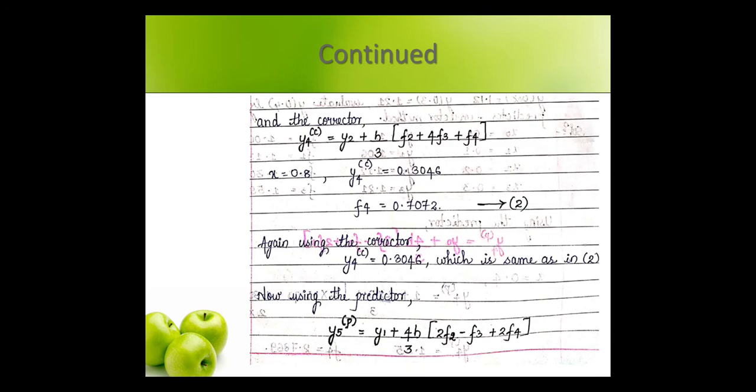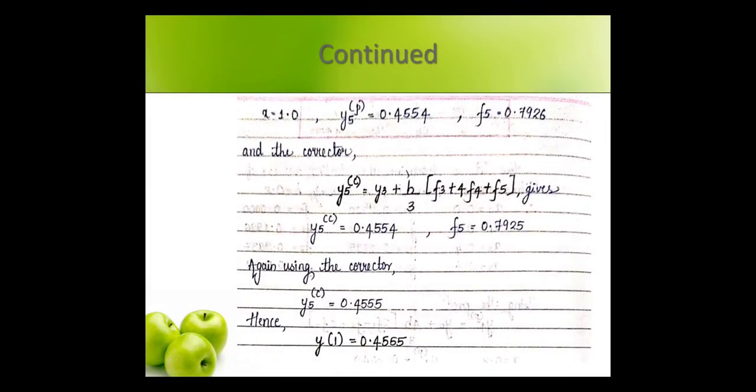F5 directly you can use f4 values here, f2 is there, f3 is there, f4 is there. So substitute in the predictor formula, find out y5. Similarly, we have to apply the corrector formula for y5 also by substituting the f3 value, f4 value and f5 value.